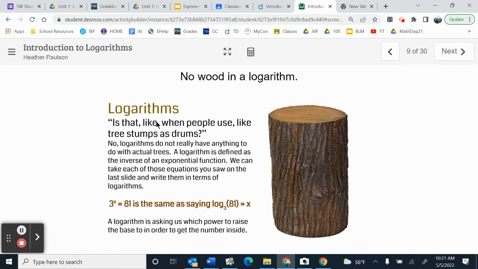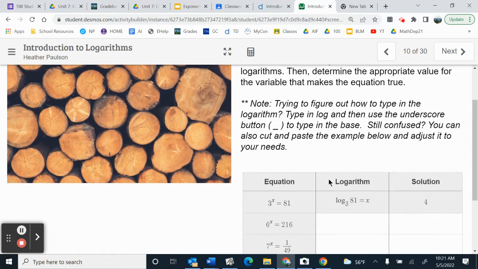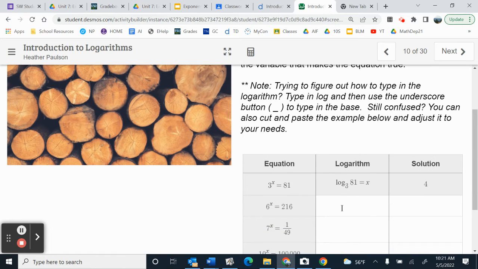Here are some more explanations of logarithms. Here is where we're going to do some calculating of logs. Look for the base. The base is what has an exponent. So this base is 6.